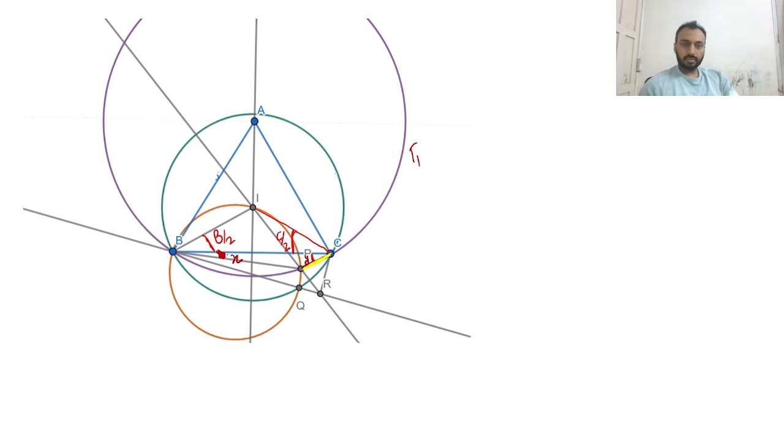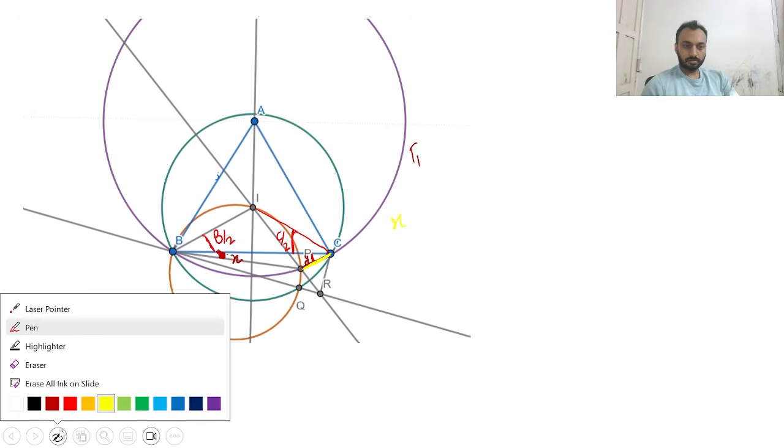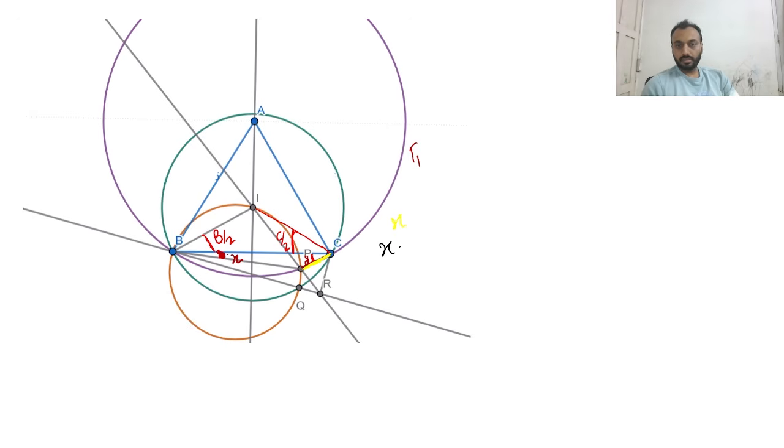So X angle plus Y angle is made by BP plus PC, or can we say it is the arc BC. The total angle is made by the arc BC. The arc BC makes an angle A at the center, so on the circumference it makes an angle A by 2. So X plus Y is A by 2.